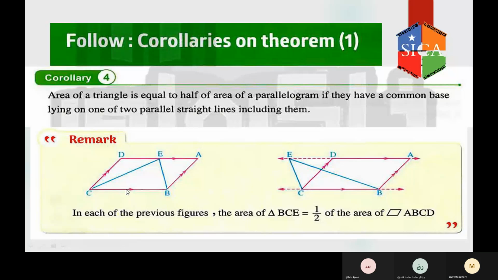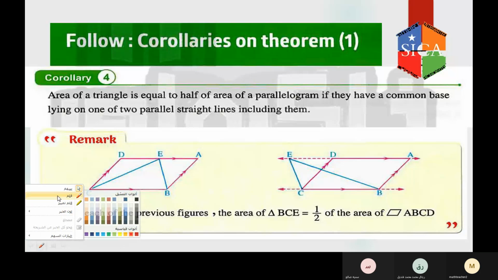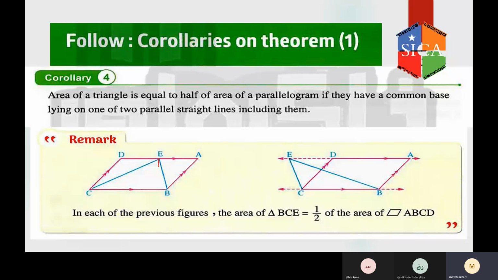The area of a triangle equals half the base times the height. We know before, area of triangle equals half base times height. Here, this is the height. Then the area of the triangle equals half BC times the height.